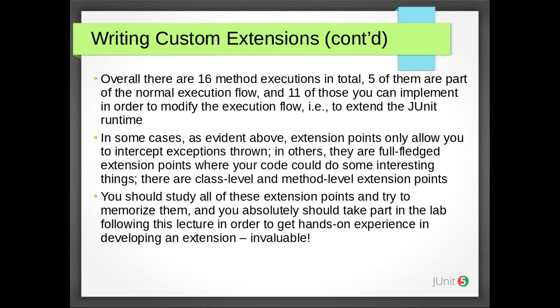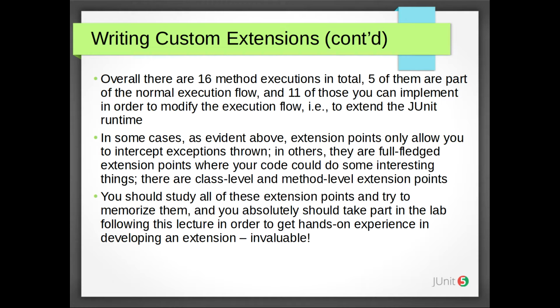So overall, there are 16 method executions in total. 5 of them are parts of the normal execution flow, and 11 of those you can implement in order to modify the execution flow, that is, to extend the JUnit runtime.